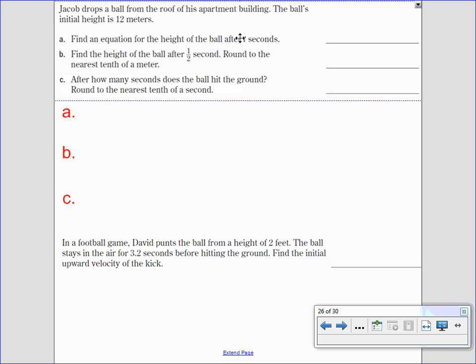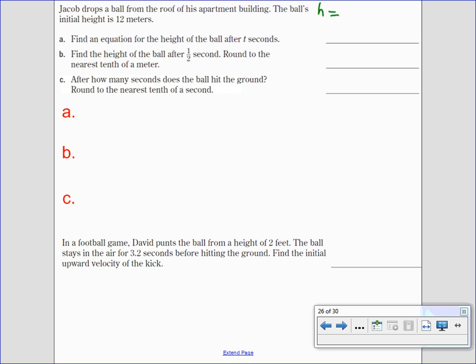So in my equation, the linear term, that V naught times t term, disappears. And my equation is just h equals negative g times 1/2 t squared.